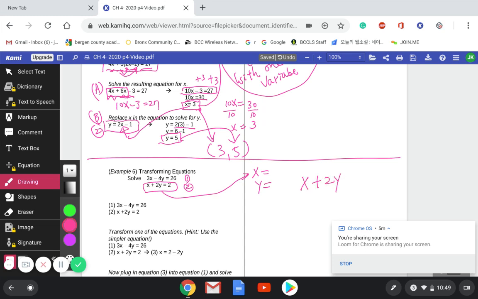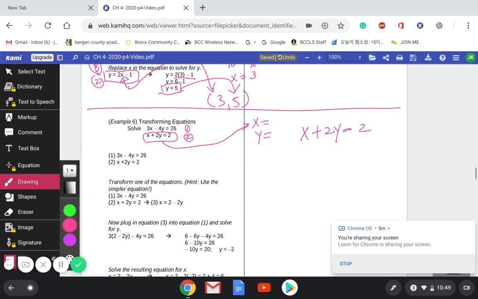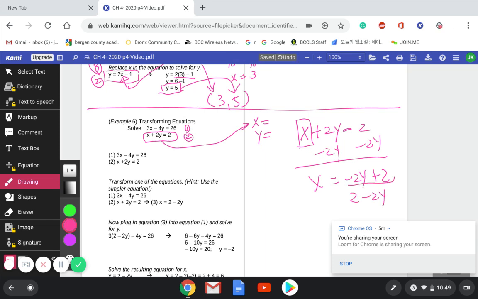The equation is x plus 2y equals 2. If you solve for x, subtracting 2y from both sides, x becomes negative 2y plus 2, or 2 minus 2y; either one works.